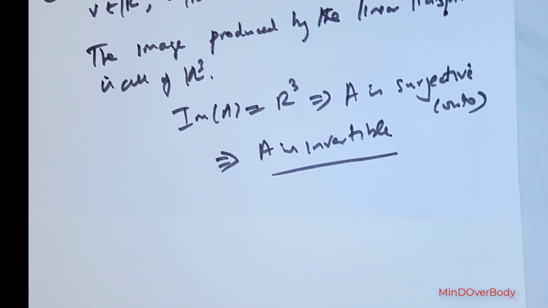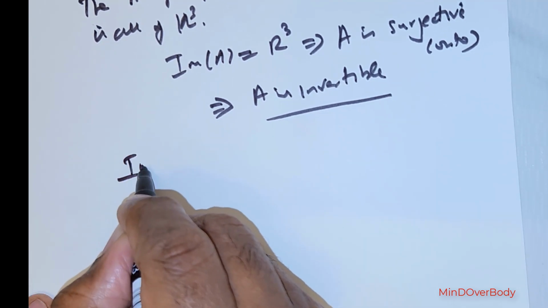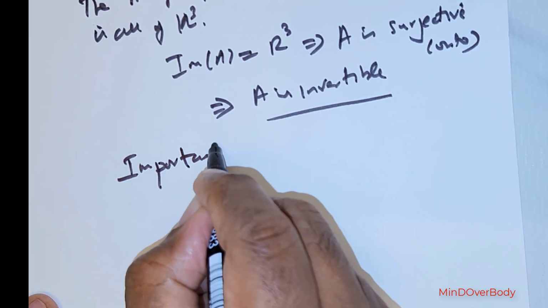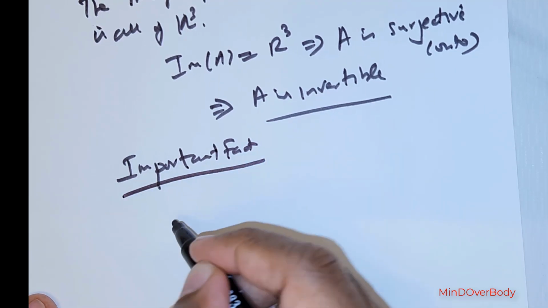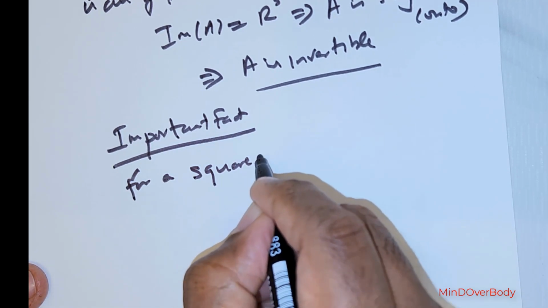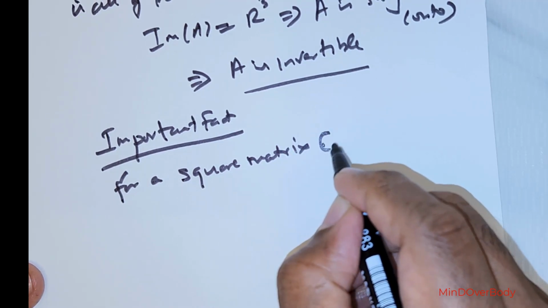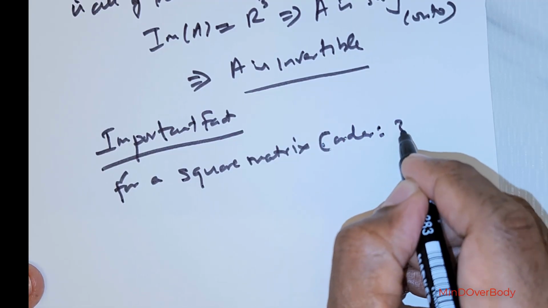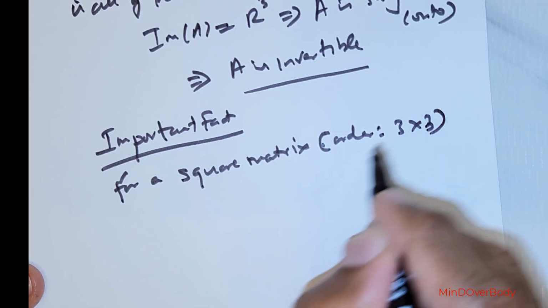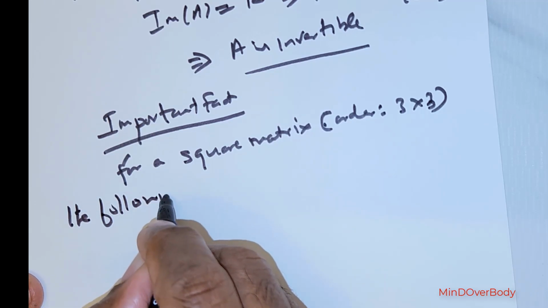Now you might be asking me how. So let me give you this important fact. For a square matrix, in this case the order of the matrix is 3 by 3, the following are equivalent.